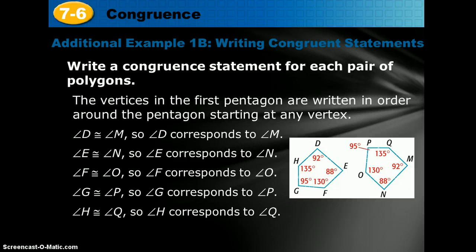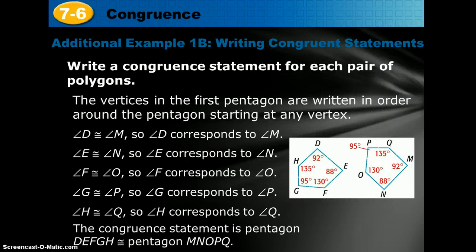We have matching angles, so we match up the letters. And now I can write a congruent statement. I'm going to say that pentagon DEFGH is congruent to pentagon MNOPQ. So I'm simply matching letter for letter on both of those shapes.